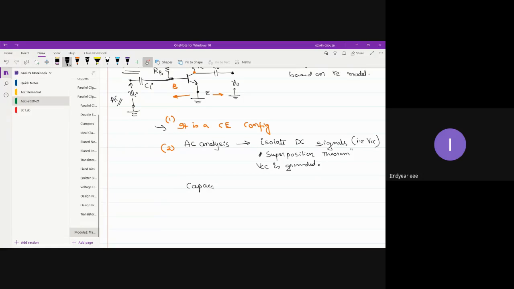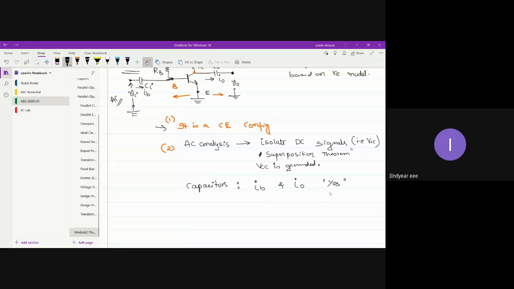What are you going to do with the capacitors? Now you are connecting an AC supply here, so there will be a flow of AC base current IB, and there will also be a flow of AC output current Io. Can this AC current flow through the capacitor?